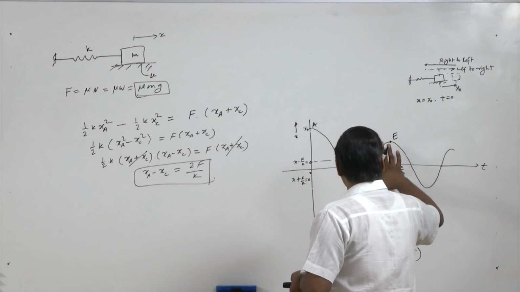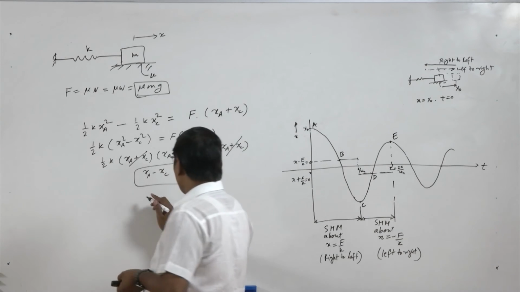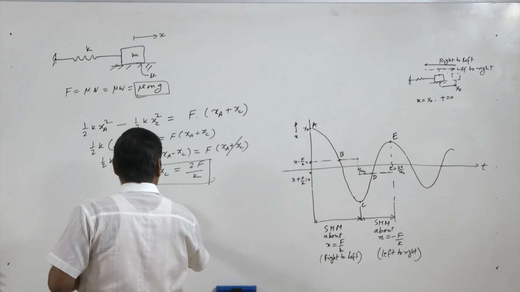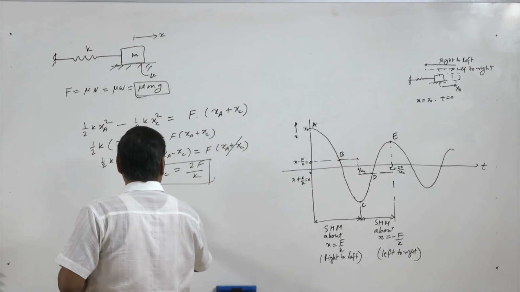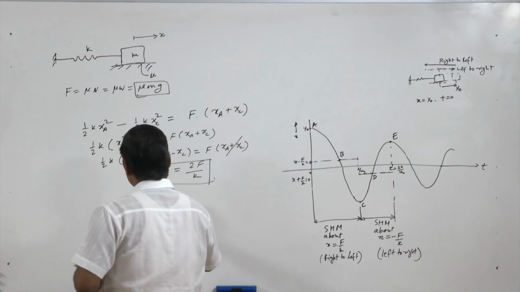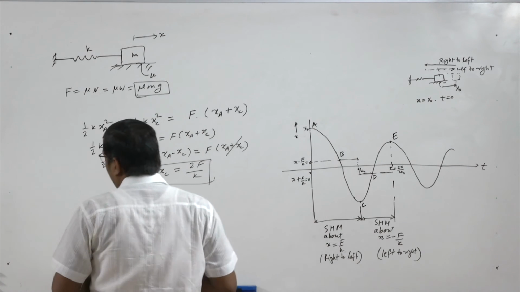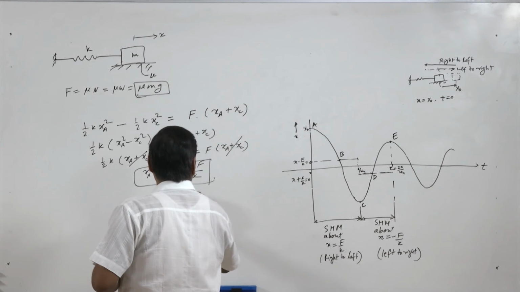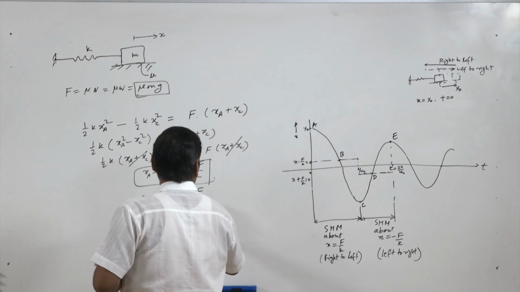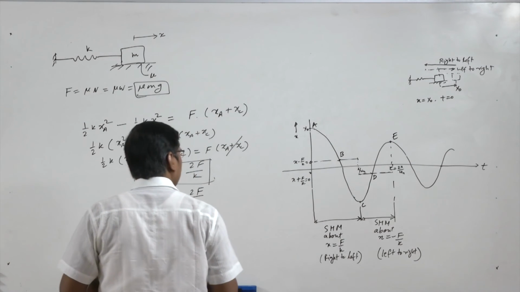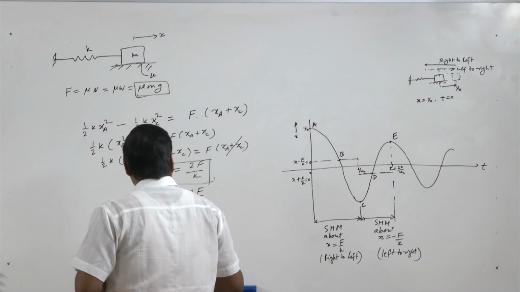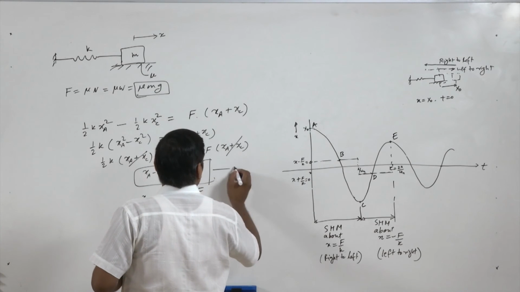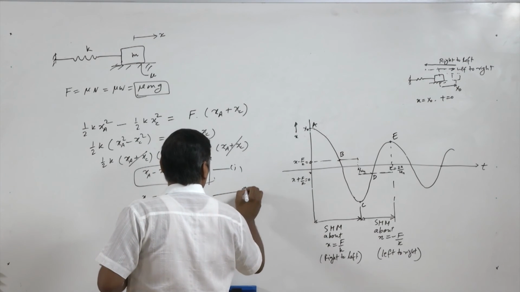Similarly, for this half cycle we will find that XC minus XE equal to 2F by K. Let us say this is equation 1 and this is equation 2.